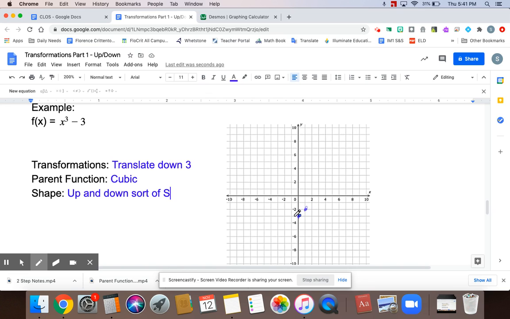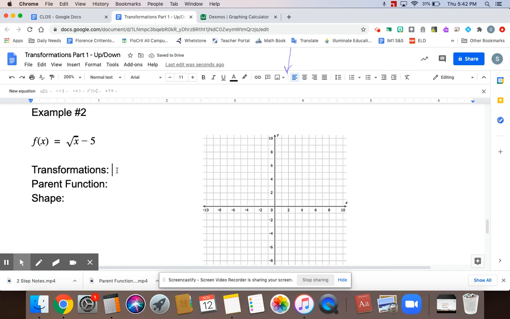And then from that vertex, it's left 1, down 1. And then I make the right shape. So because it's a cubic, from my vertex, I go up on that side, and then I curve down on this side. So that's how I'd graph this one.